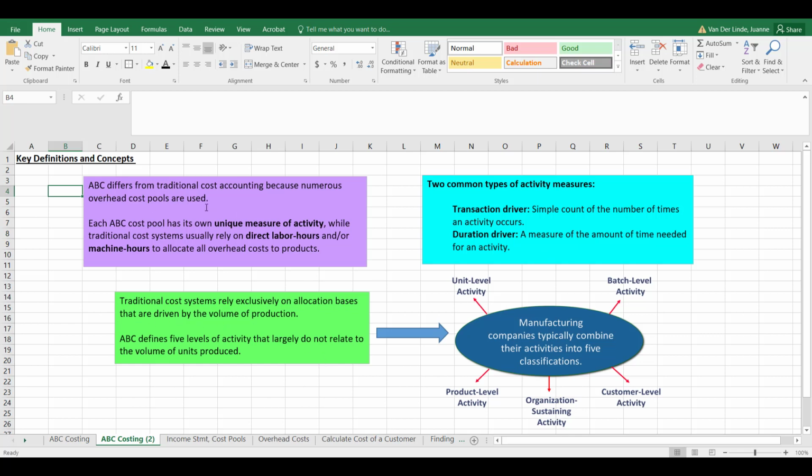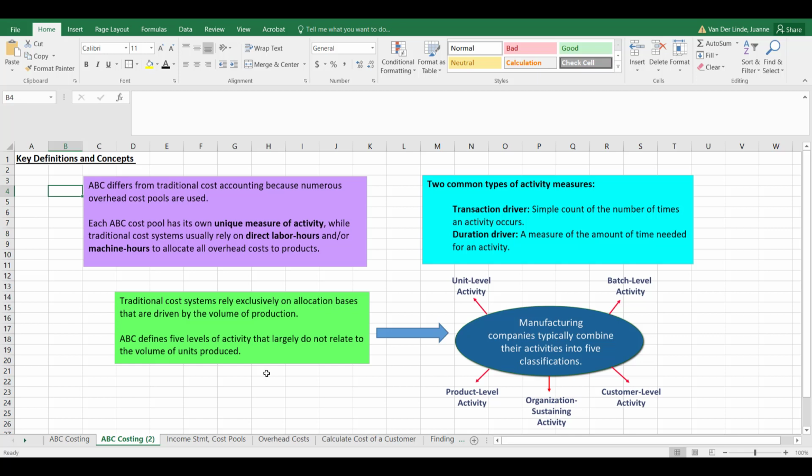We mentioned that under traditional costing systems, we use a regular POR or departmental PORs based on something like direct labor hours or machine hours. Those allocation bases are driven by the volume of production. The more units we produce, the more direct labor hours and machine hours, for example, we'll end up using. With ABC it's a little different, because there are 5 general levels of activity defined, and most of them don't relate to the volume of units produced.